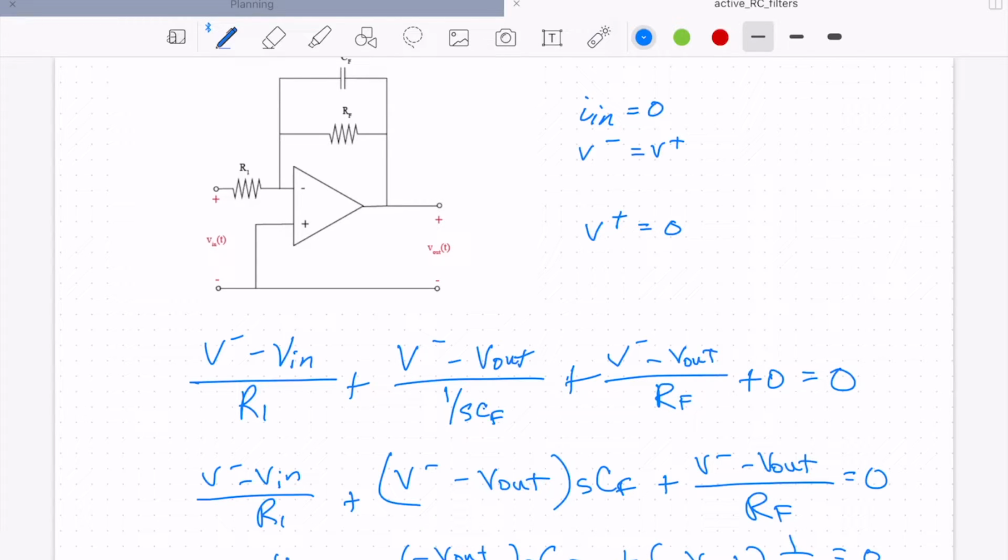Okay, so now we are down to one equation with two unknowns, Vn and V out, and what we're going to be looking for is V out over Vn. So don't forget that. We'll find V out over Vn.